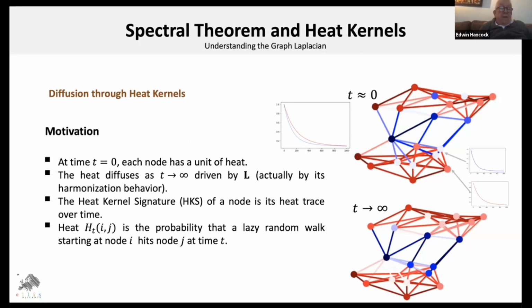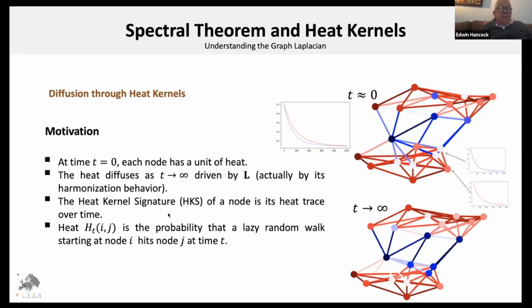And this leads us to trying to characterize a graph using something we referred to as the heat kernel signature. And so the heat kernel signature of a node is the trace of the heat kernel evaluated at that node at each of a series of time steps. And so we write this as H sub t, the heat at time t at nodes i and j.